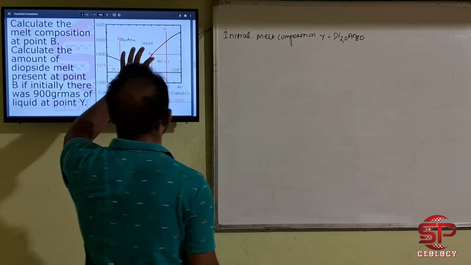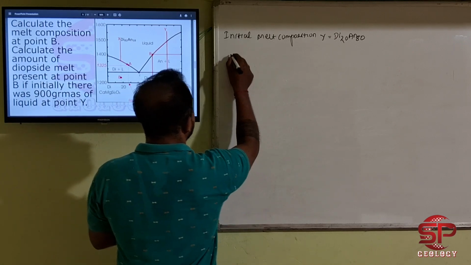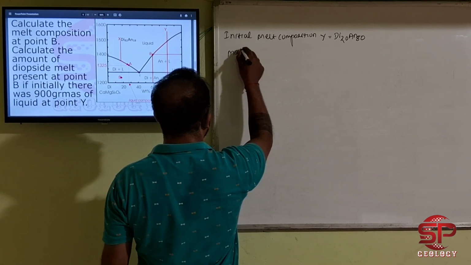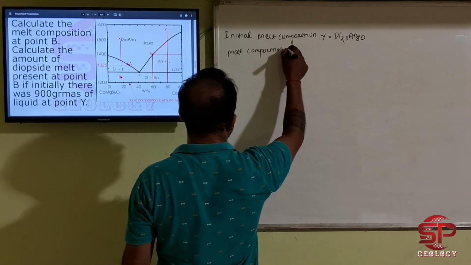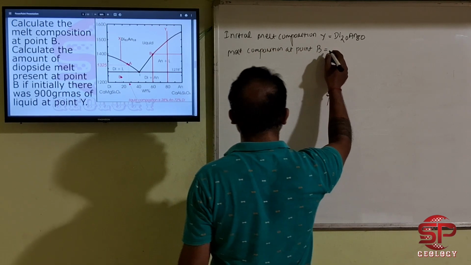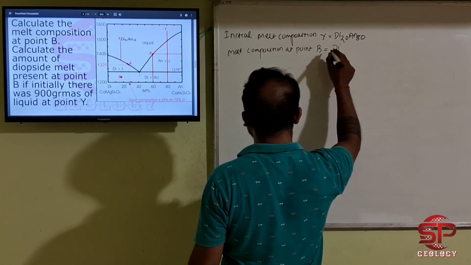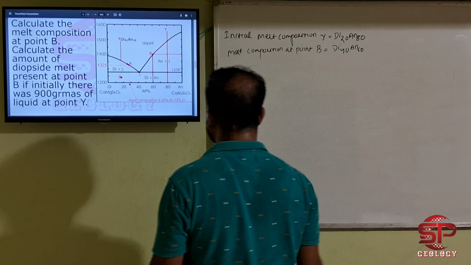Then it is asked at point B, it is 60. So the melt composition at point B is diopside 40, anorthite 60.